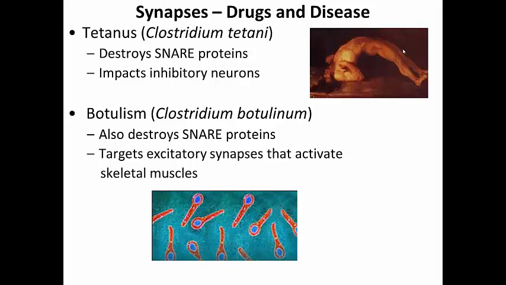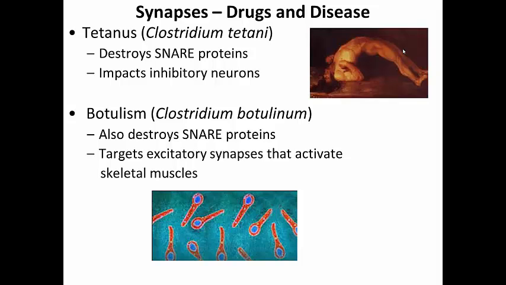And this particular toxin also destroys SNARE proteins, but unlike the tetanus toxin, it targets excitatory synapses. And so the end result is death as a result of simply paralysis, not spastic paralysis from the contraction of muscles, but rather just paralysis from the failure of muscles to contract.